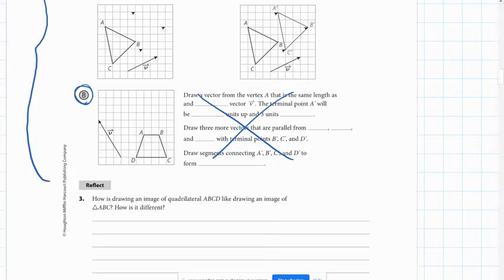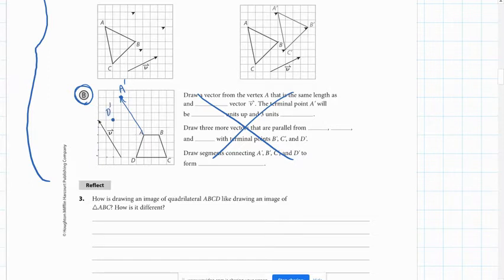This vector v is going to move every point left 3 and up 1, 2, 3, 4, 5. So point A, if we go left 3 and up 5, point A prime is going to be here, and that's vector v. Do the same thing for point D, 1, 2, 3, 1, 2, 3, 4, 5. D prime.